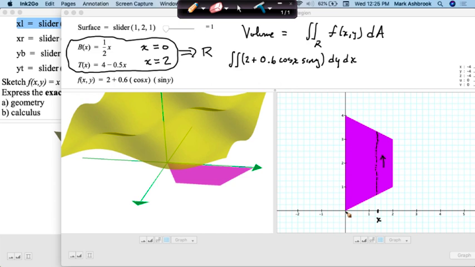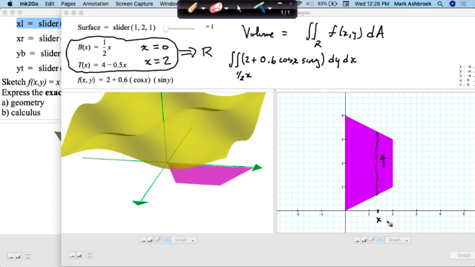Well, it's going to be whatever y value I get for this x that I chose. So what is that y value right there? 1/2 x. Do you see that? It's the value of the function at that x.